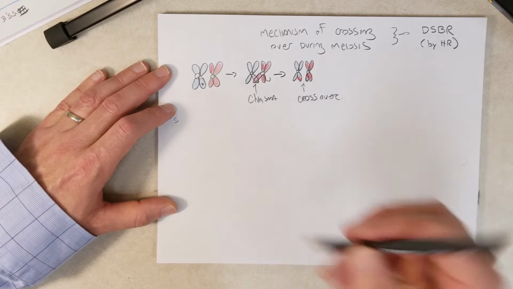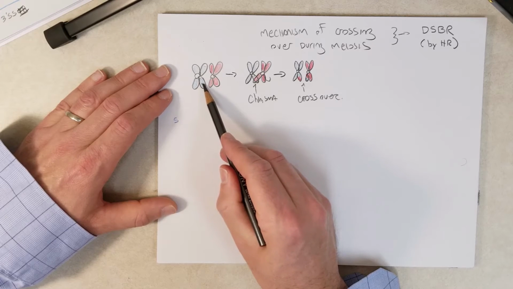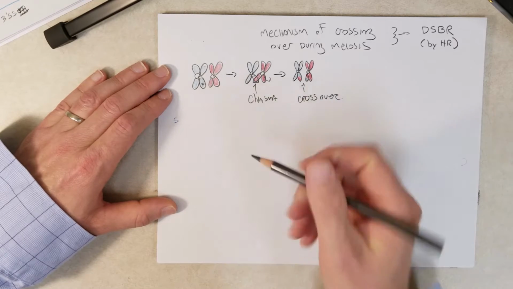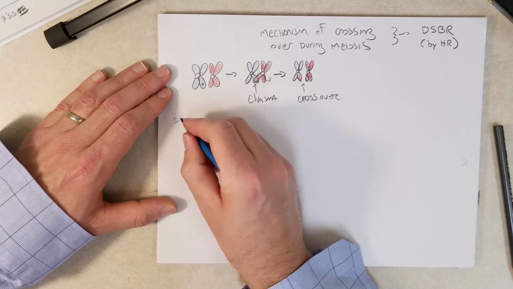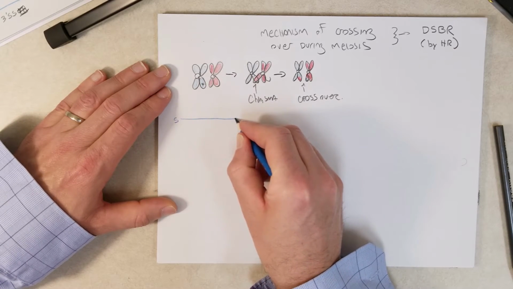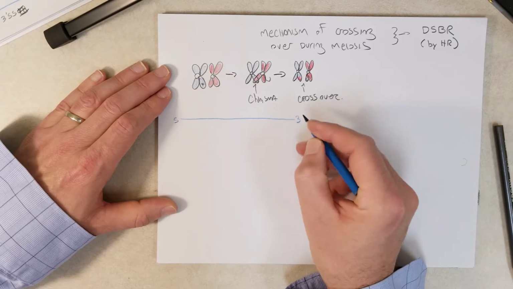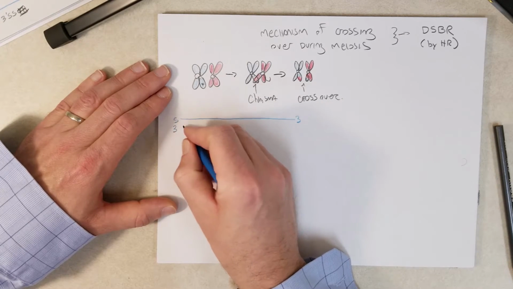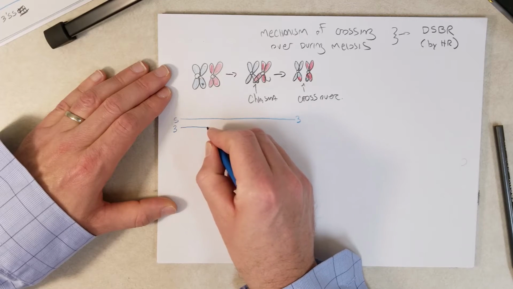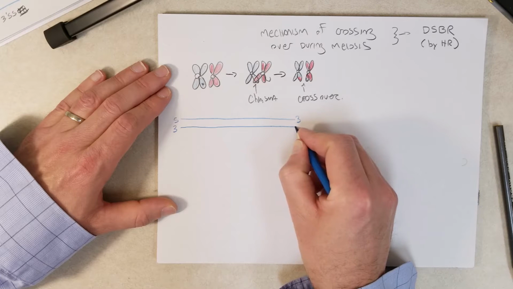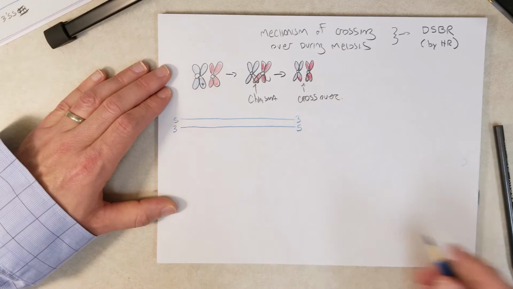Now, we're going to need to zoom in here and look at the DNA strands of these chromosomes. I'm going to diagram that in a conventional way. By convention, a certain type of diagram is used when we're explaining how this process works.